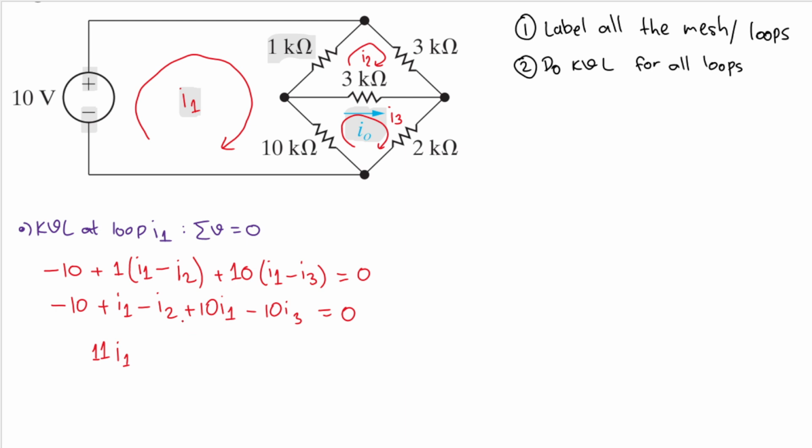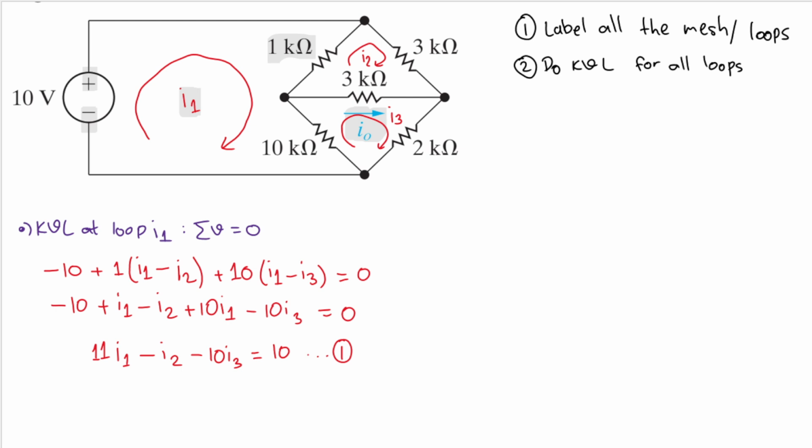Then I only have I2 from here, so I'll have minus I2, and then minus 10 I3. Let's move this minus 10 to the right-hand side, so this will equal 10. I think nothing more can be done from here. Let's save this as equation number 1.